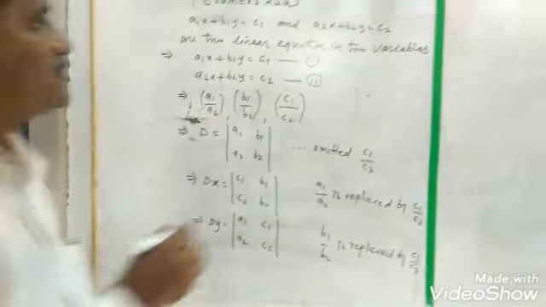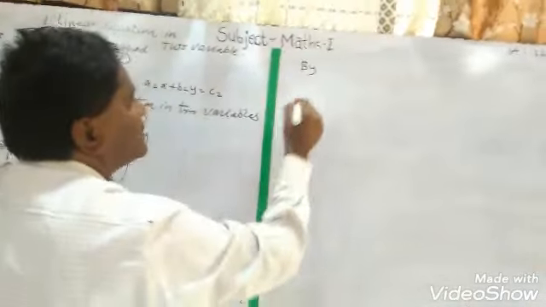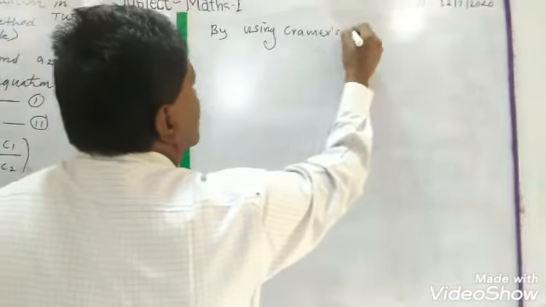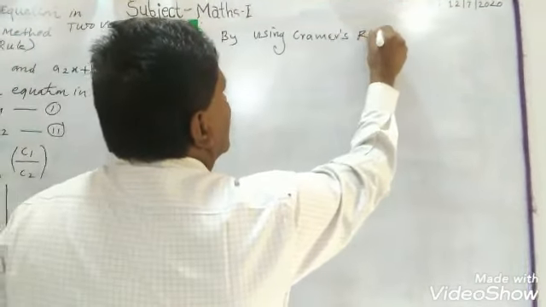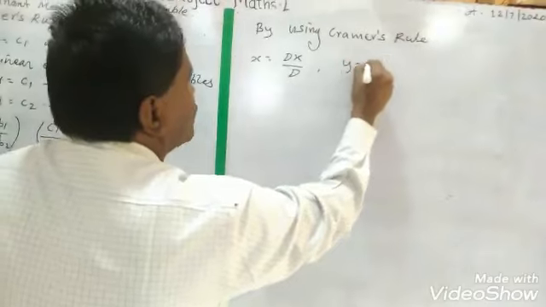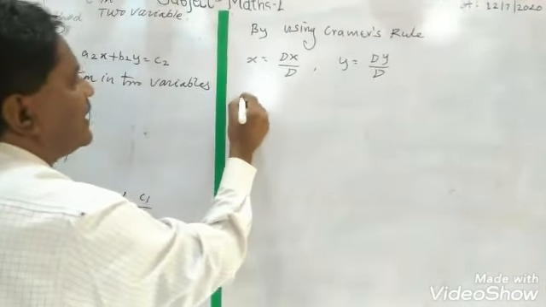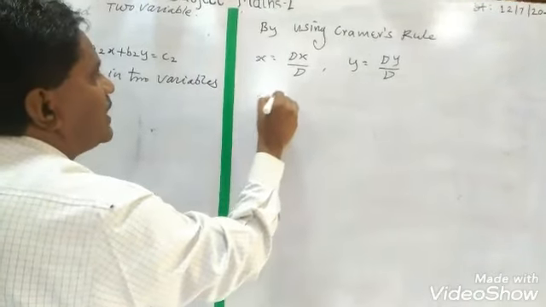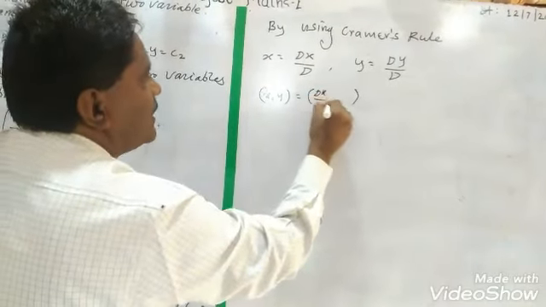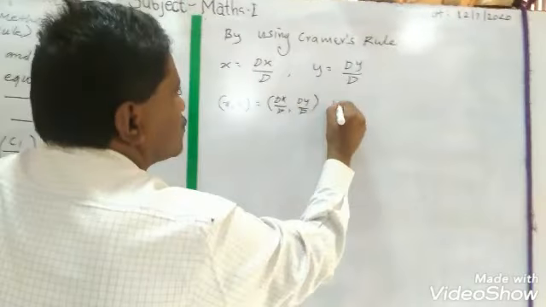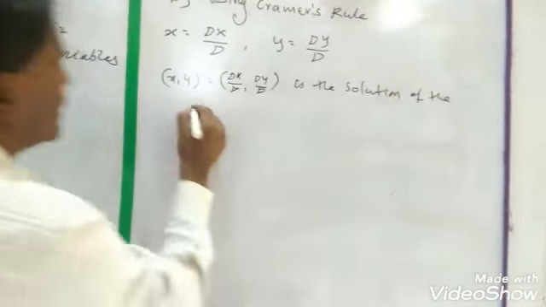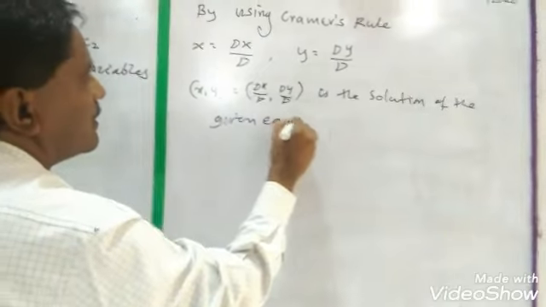That is the format by using Cramer's rule. By using Cramer's rule, x is equal to Dx upon D and y is equal to Dy upon D. So we will get the solution (x, y) is equal to Dx upon D and Dy upon D, the solution of the given equation.